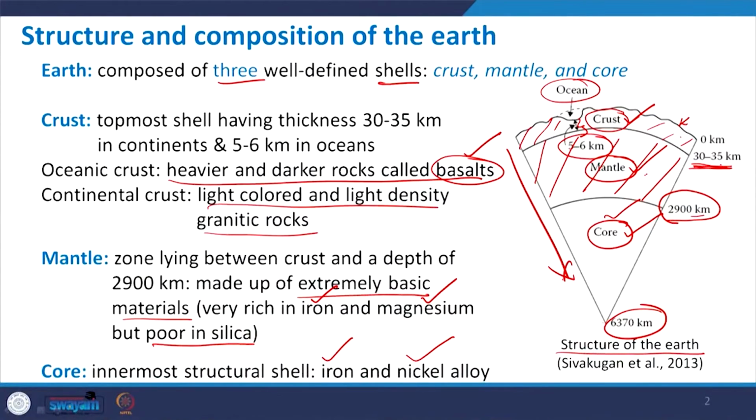So based upon the kind of material that you encounter as you go towards the center of the earth, you can take a call whether this is part of the crust, mantle or core. So remember, the earth is composed of 3 shells: crust, mantle and core, and remember their basic properties.